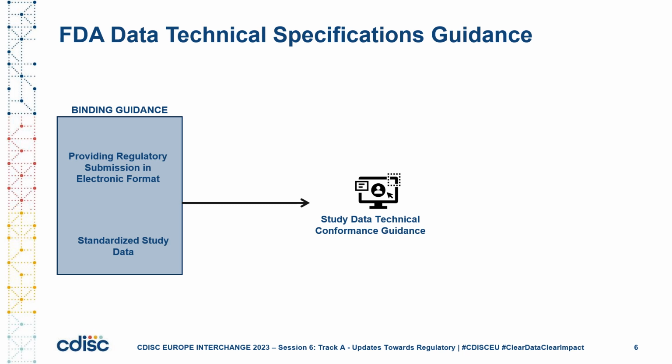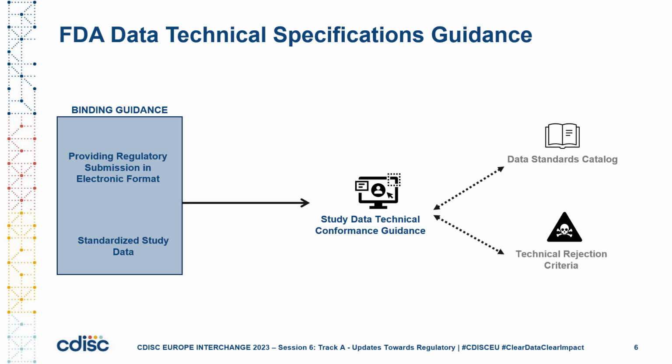This guidance provides more details on how the agency, in particular the CDISC, wants certain specific data submission topics to be handled. And this includes the use of specific standards, for which there is a standard catalog, and more recently, the FDA has also established, through the so-called technical rejection criteria, some specific rules with some internal tools.